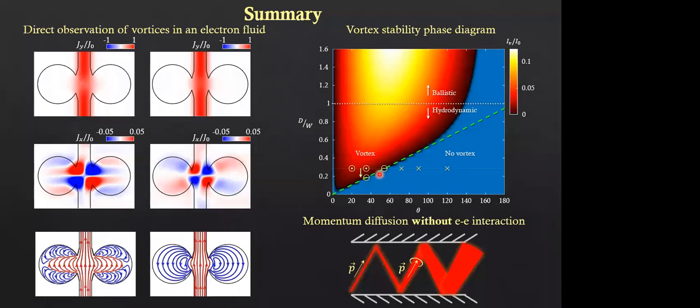But on the other hand, we find from theoretical calculation that the momentum diffusion in our system does not occur from electron-electron interaction, but from the electrons reflecting from the surfaces of the crystal, and this reflection of electrons from the surface of the crystal actually gives rise to this hydrodynamic behavior.